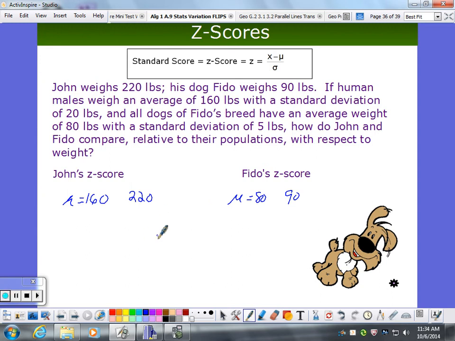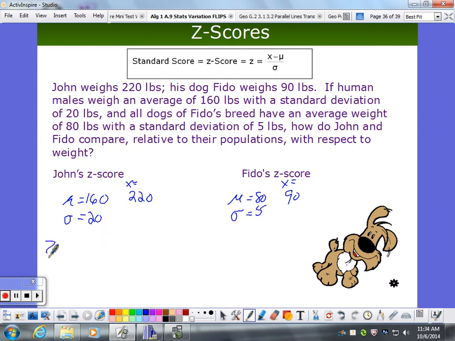So we do z-score. We say how far above the mean. This would be the x, because that's our data value. What's the standard deviation for man? 20 pounds. And for this dog, the standard deviation is 5.